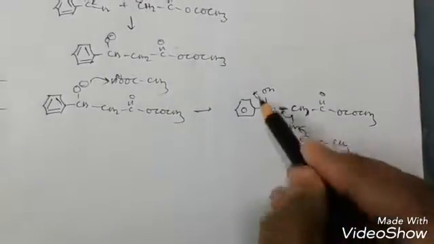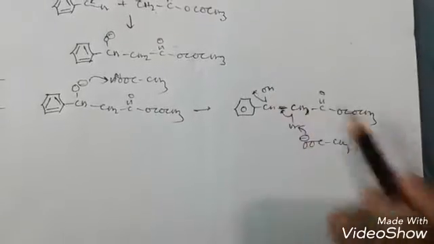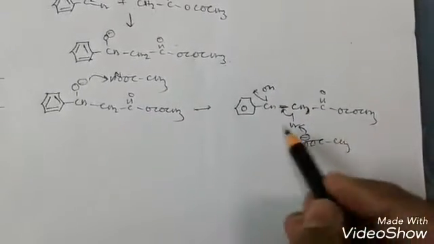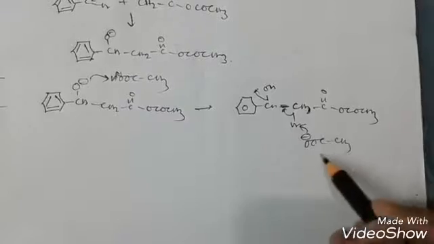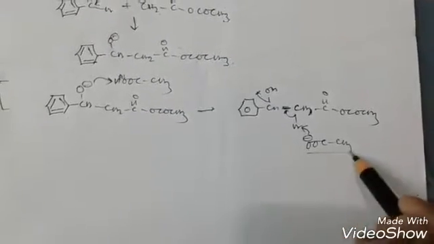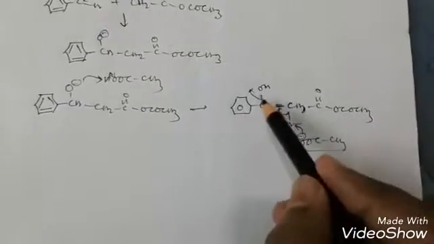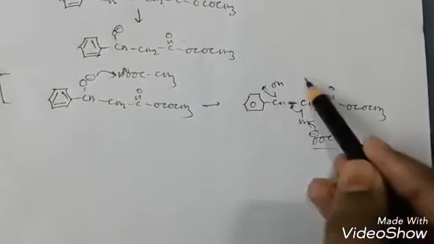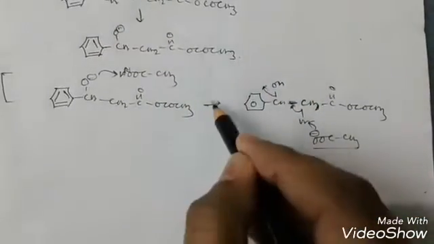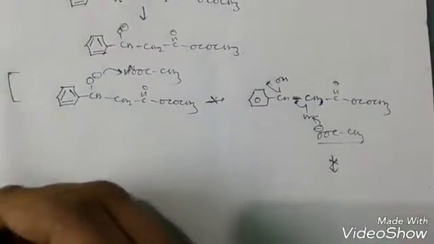But for your information, OH isn't a good leaving group, and it doesn't leave like this. The acetate ion isn't a strong enough base to remove a hydroxide ion. So this step isn't possible. Sorry, this step is not possible.